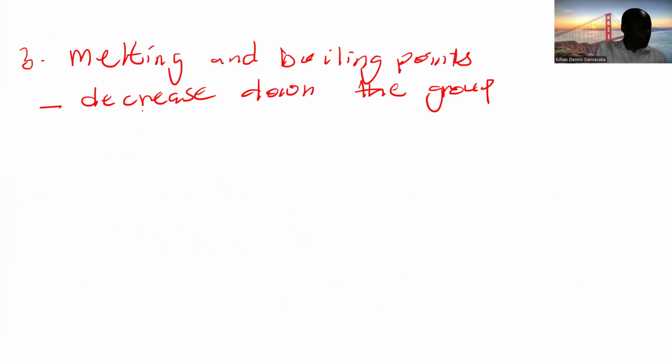Okay. And then we can look at electrical and thermal conductivity.